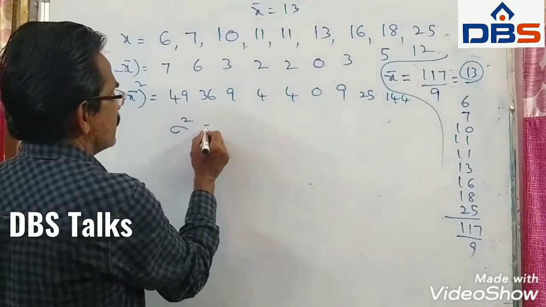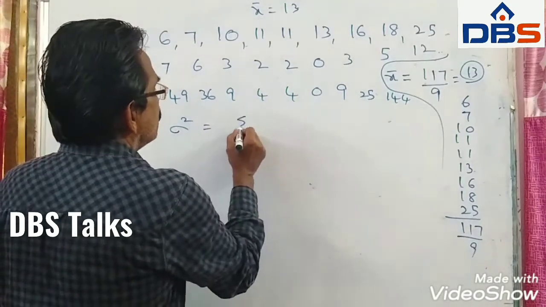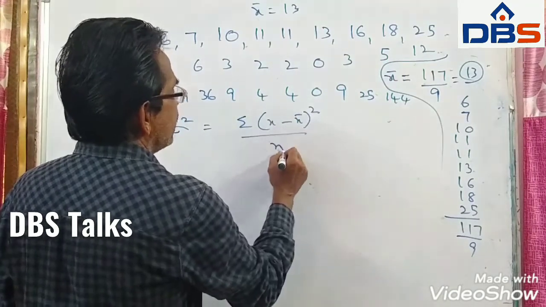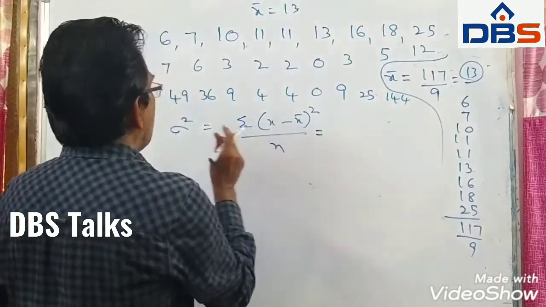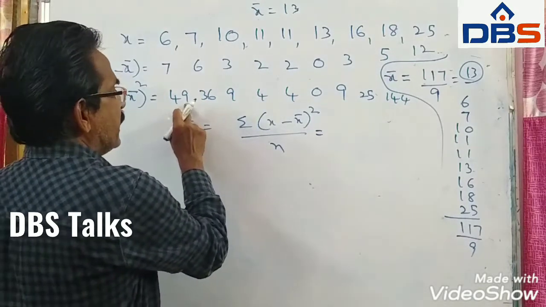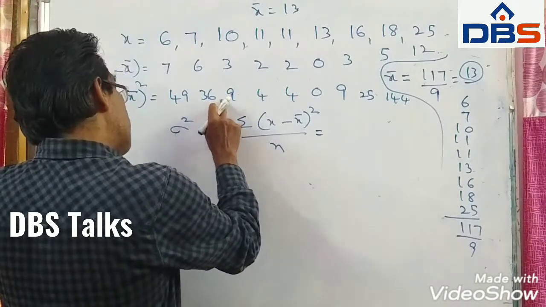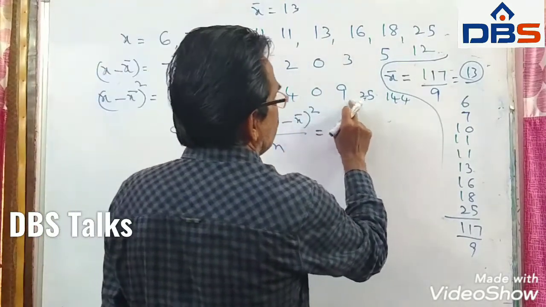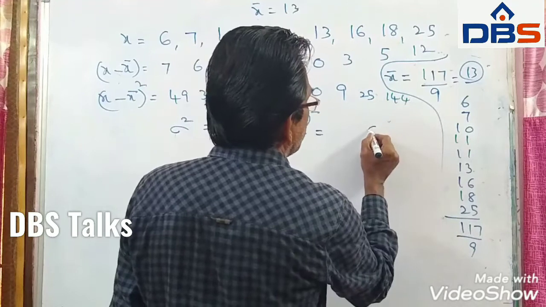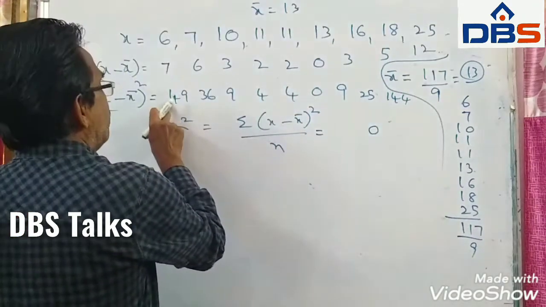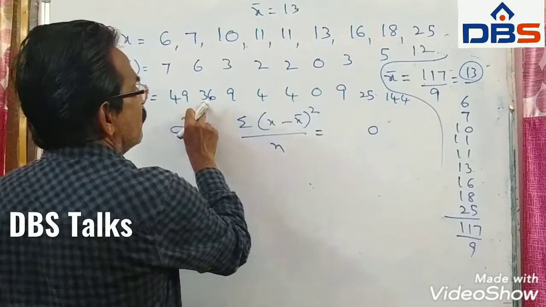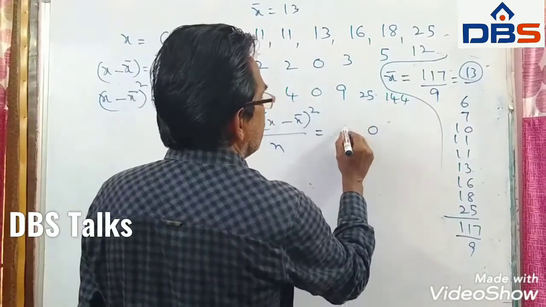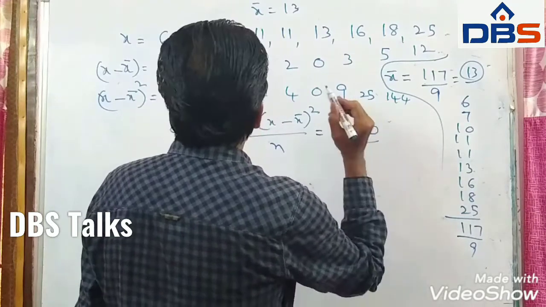Variance sigma square is equal to sigma x minus x bar whole square by n. Let us add all these things carefully, friends. 9 plus 6, 15, 15 plus 9, 24, 24 plus 8, 32, 41, 46 plus 4, 55, 5 plus 4, 9, 12, 12 plus 2, 14, 14 plus 14, 28, giving 280.